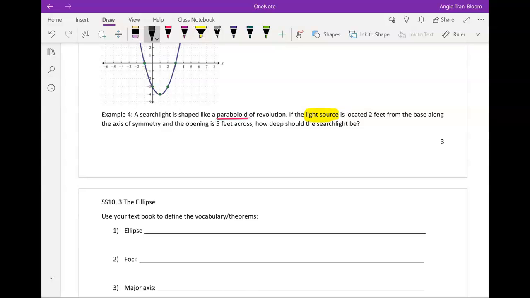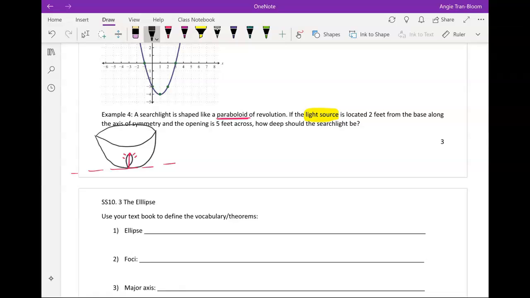So a searchlight is in essence a flashlight. And I'm going to try my best to draw it for you, okay? Here's a sort of flashlight, and there's a light bulb somewhere in the bottom, and that's the light source. Now the light source is the focus from the base.